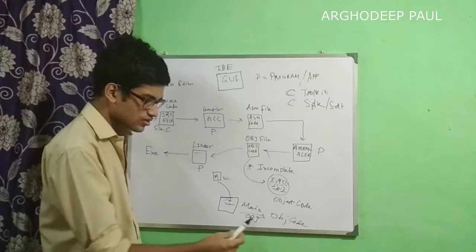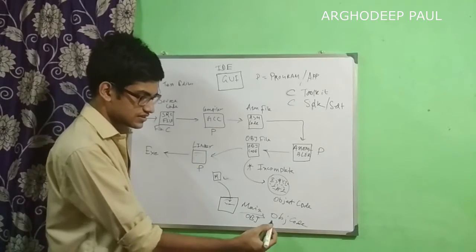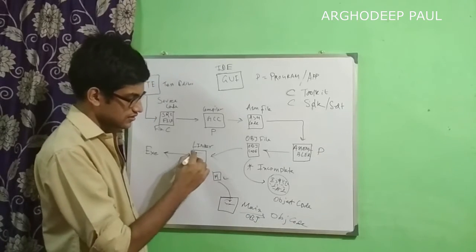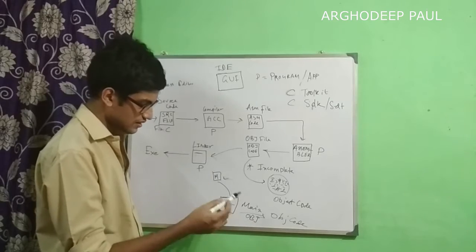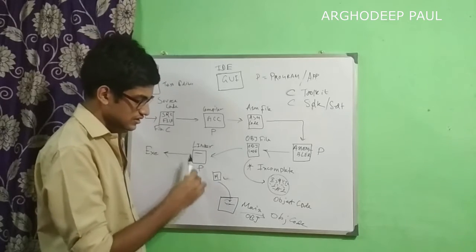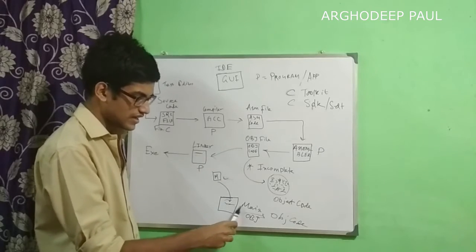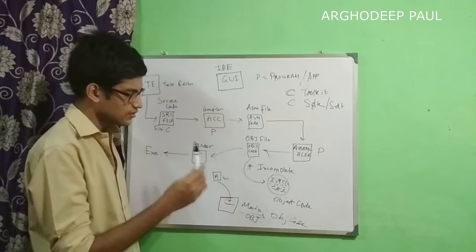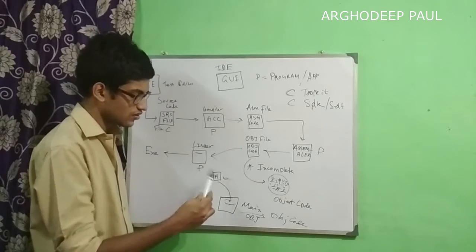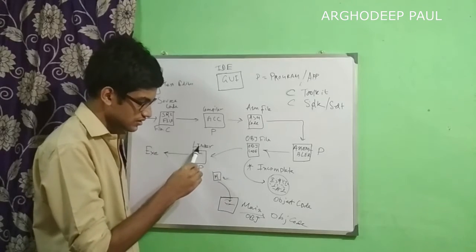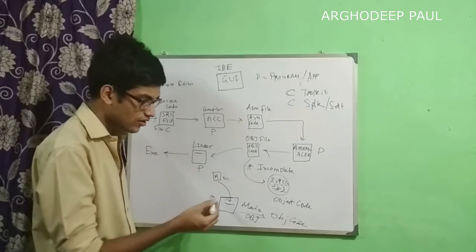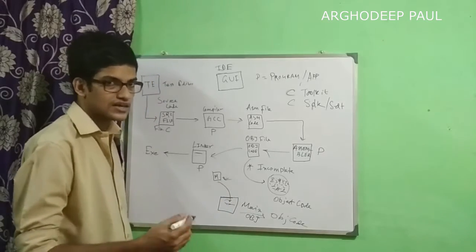It will first import the object code here, as it is the object code of the main, and in the next step the linker will check that the main object file contains one header file or module, which is this. We do not have the object code for this module earlier.